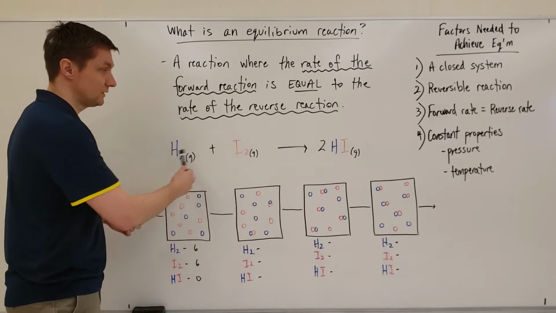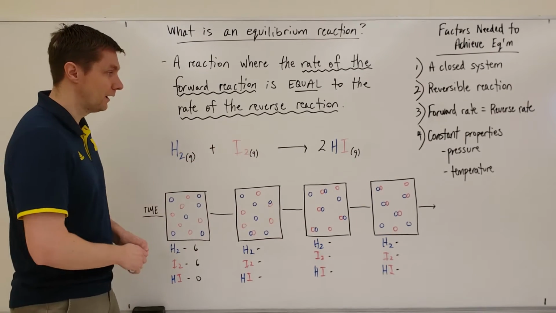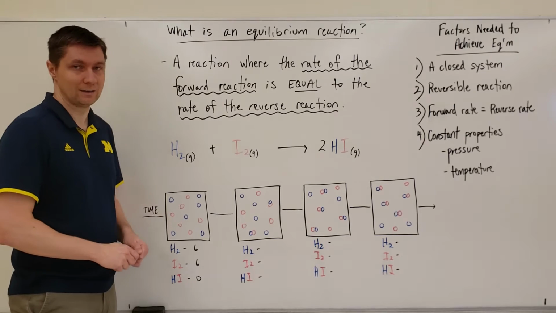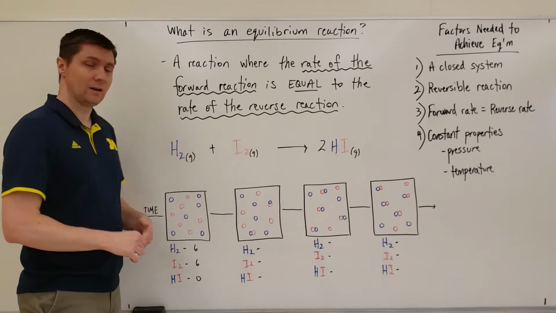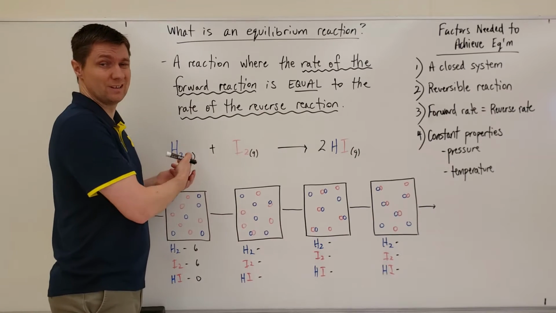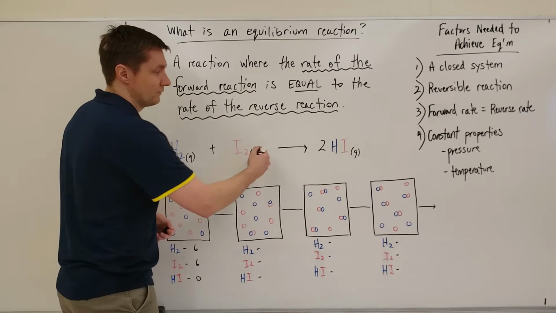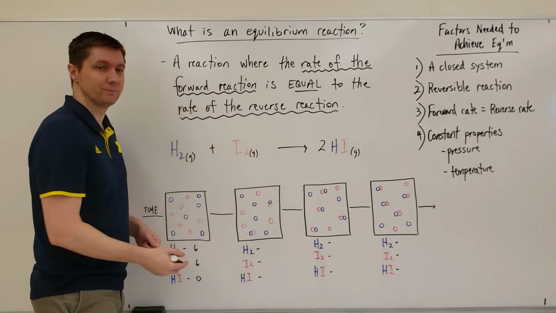So for this example right here, I have the formation of hydrogen iodide gas. And as I've stated before, what we've learned in the past is that reactions typically are stoichiometric or quantitative, and so we have this one arrow pointing in one direction.